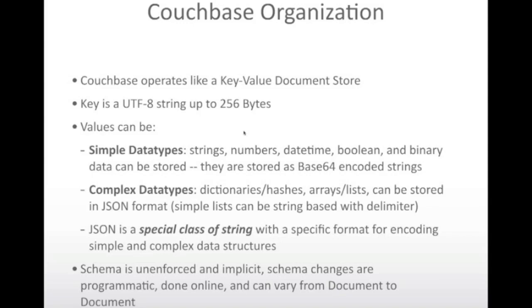Now, schema changes can be done programmatically, done online, meaning we don't have to take Couchbase server down, and they can vary from document to document. So unlike tables where every row has to have identical columns, documents can vary from document to document. So you can have optional fields that show up in one document but that don't show up in another document.